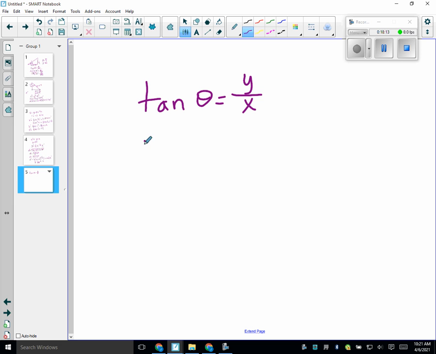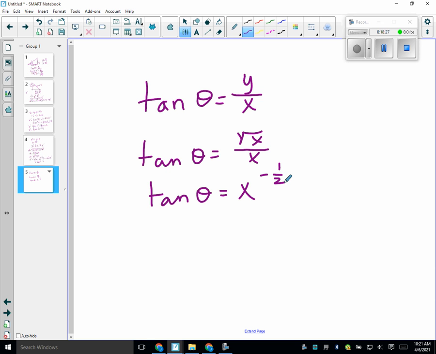Radical x. So tangent of theta is radical x over x. And guys, I don't know about you, but I changed this to this, because then I don't have a quotient.